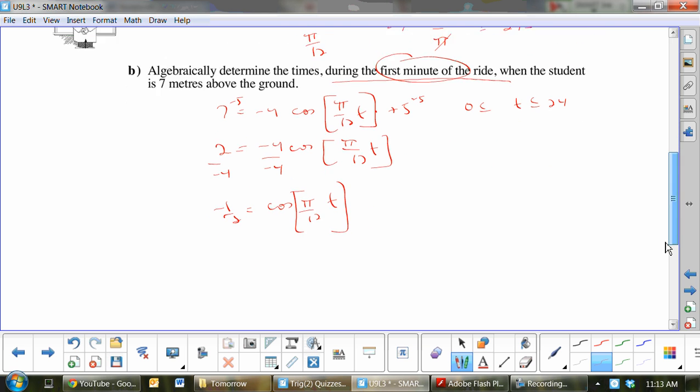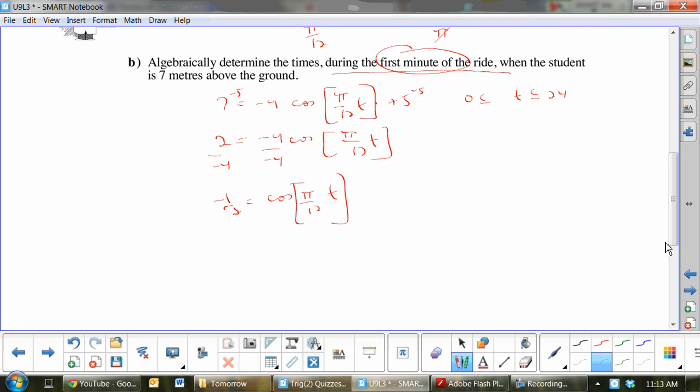Now right now you're going, yeah, so what do I do now? What have I made you know for the last 2 classes? Unit circle. So do I know when cos theta equals negative 1/2? That occurs when?